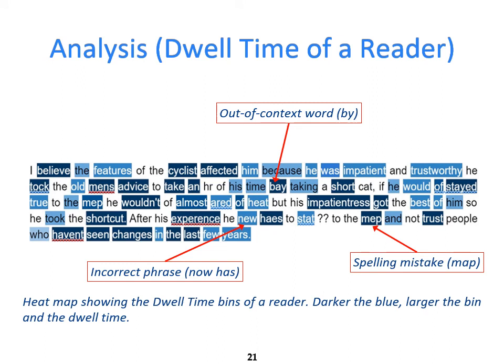You can see that the darker shades of blue, which correspond to longer dwell times, are mainly things that are out of context words like bay instead of buy, incorrect phrases like new haze instead of now has, and spelling mistakes like map instead of map.